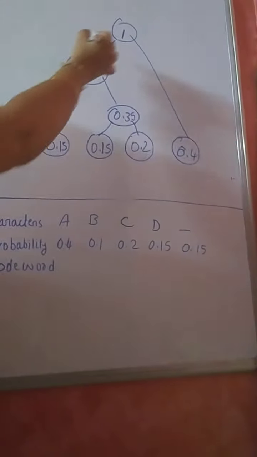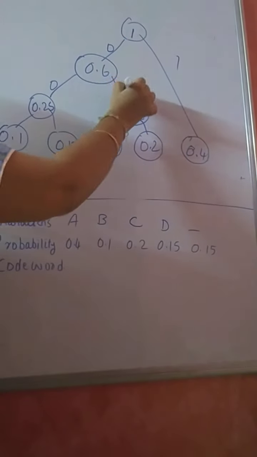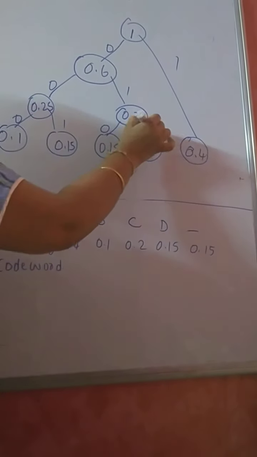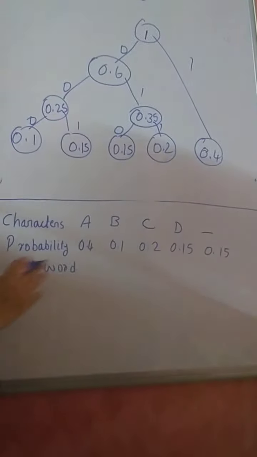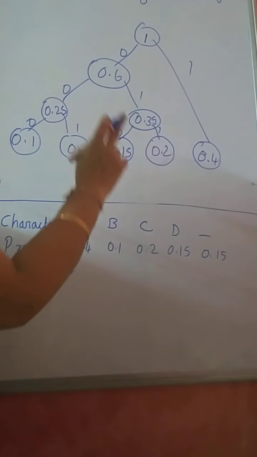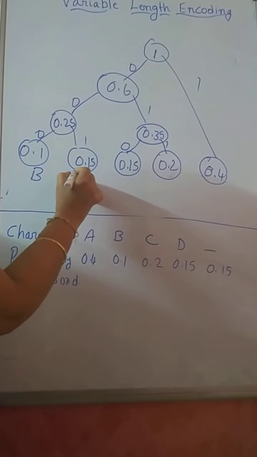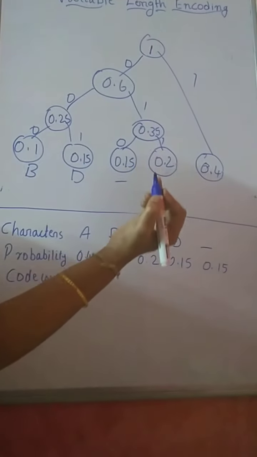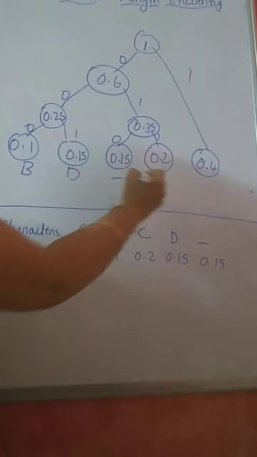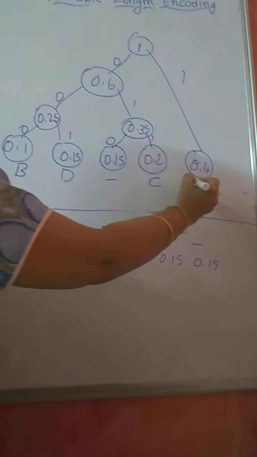Okay, now 0, 1, 0, 1, 0, 1, 0, 1. Now what is the code word we have generated for A? Okay, we have not written this. B, D, underscore, then 0.2 is for C, 0.4 is for A.